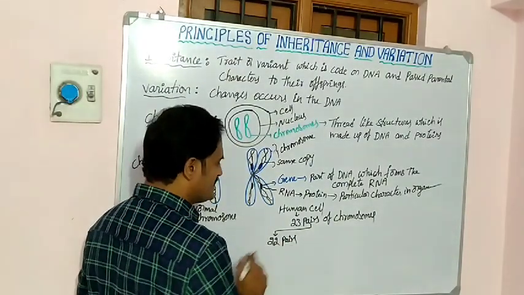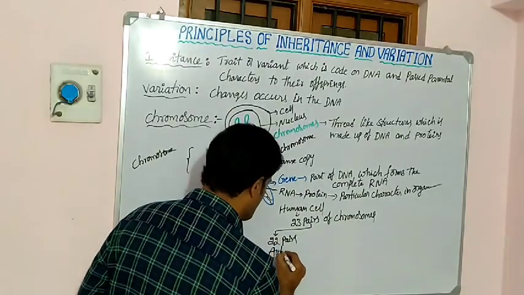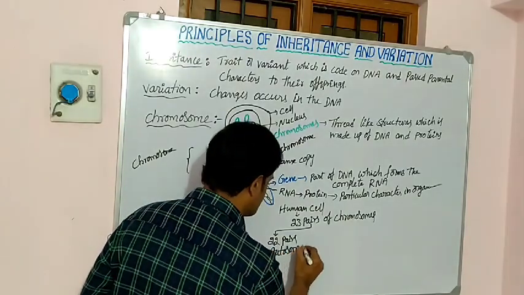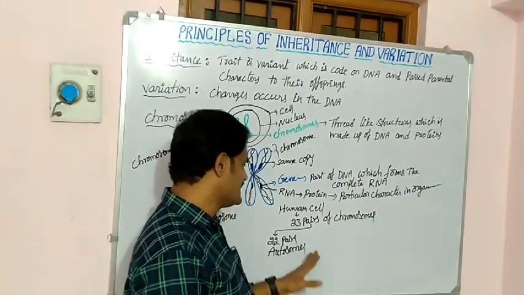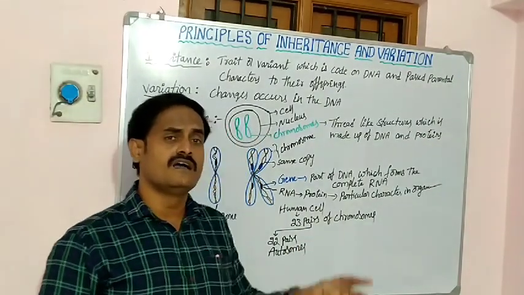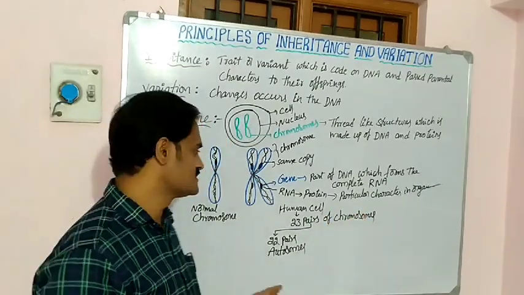Such kind of chromosomes are called autosomes. These autosomes are present in the vegetative part of the organism.